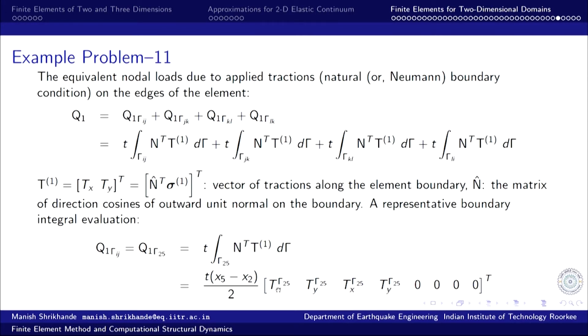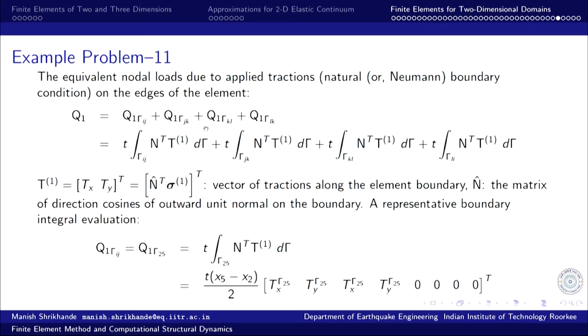So, this is T x along this edge, T y along edge 2 5, and again T x along 2 5, T y along 2 5. So, both of them divided equally between the 2 nodes 2 and 5, and then multiplied by the length, and thickness of course remains, and that completes the evaluation of one boundary, one segment of the boundary.